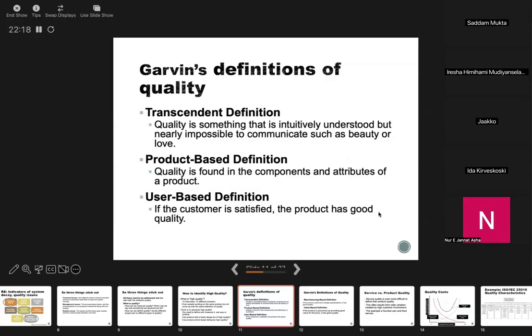Next, the product-based definition. Quality is found in the components, attributes, or features of a product. A product has product-based quality if it holds the significant features that a person is looking for. For example, what is high quality ice cream?